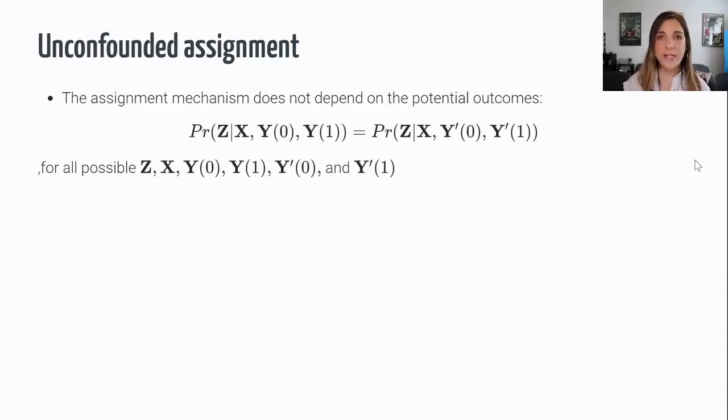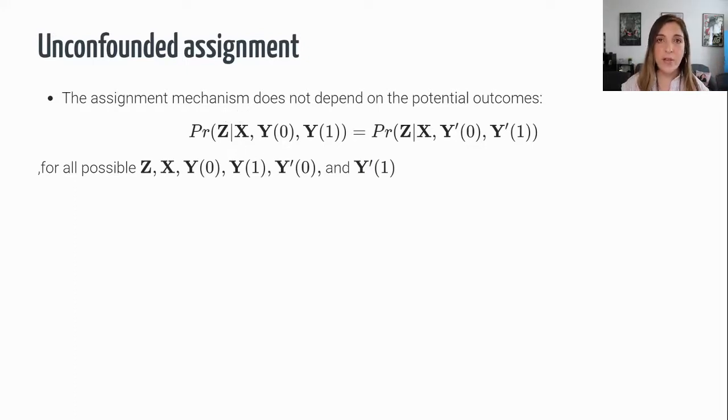And finally, the unconfounded assignment. It's very similar to what we've talked about, the unconfoundedness assumption in general, which basically means that the assignment mechanism does not depend on potential outcomes. So if you think that you have a vector of treatment assignments, in this case C is a vector of treatment assignments for all units i from 1 to n.